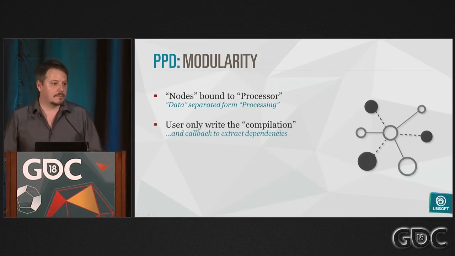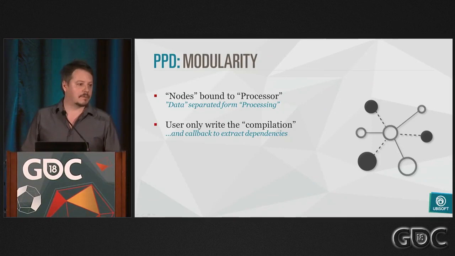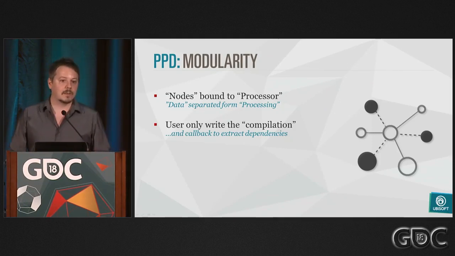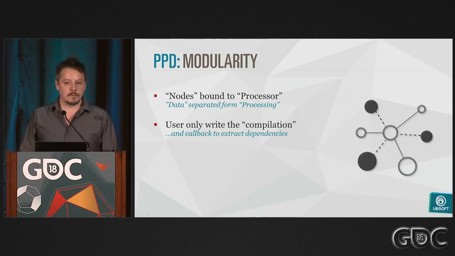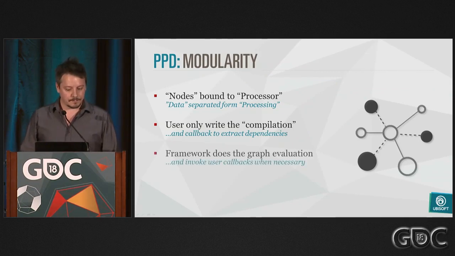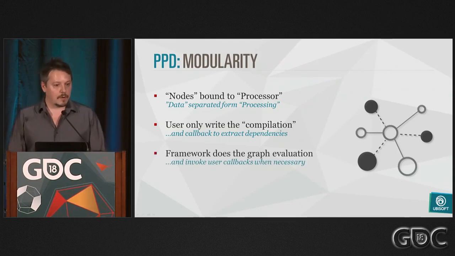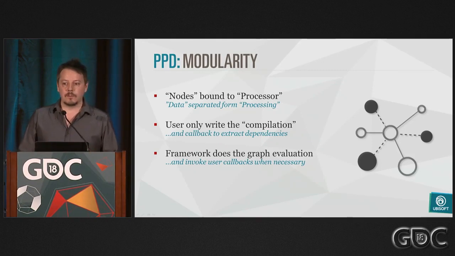One of them is for sure the compilation function, but there's also a callback to gather the dependencies of a given asset. The framework then performs all the callbacks at the proper time and performs all the graph evaluation work without the user having to write anything about that. The only thing the user needs to write is the processor. The processor is just the two callbacks, build and gather dependency.